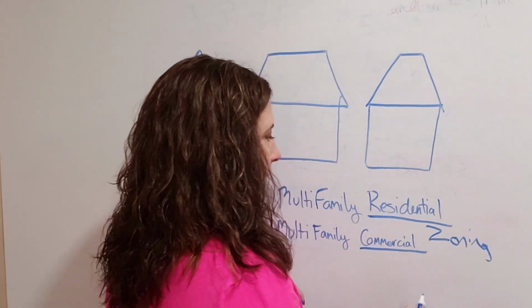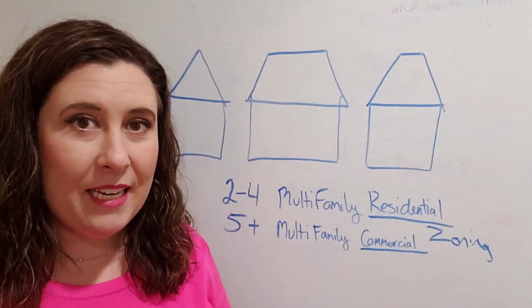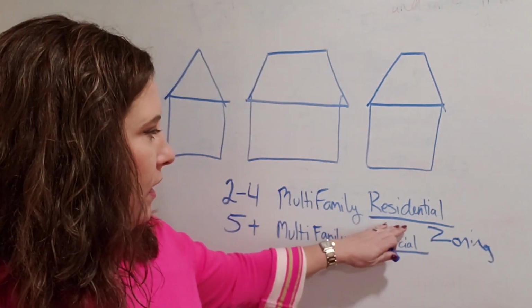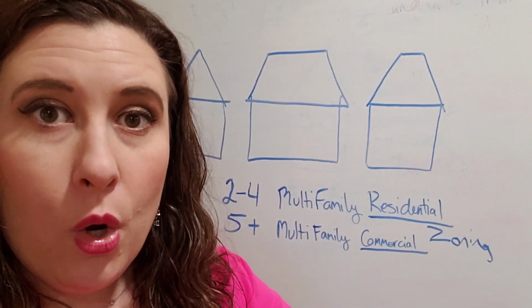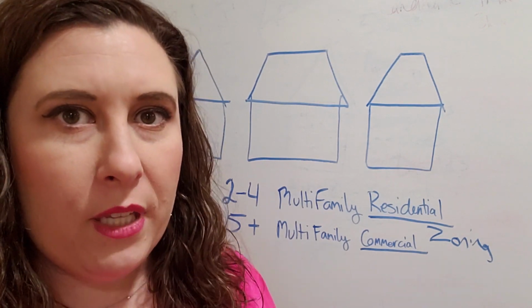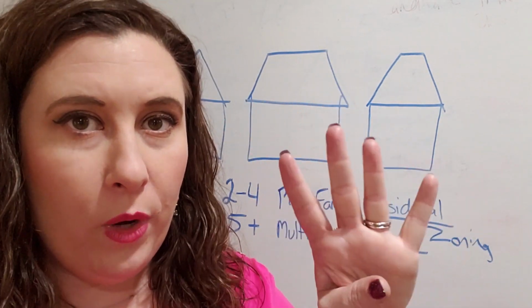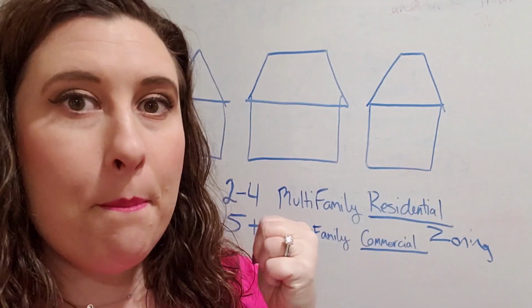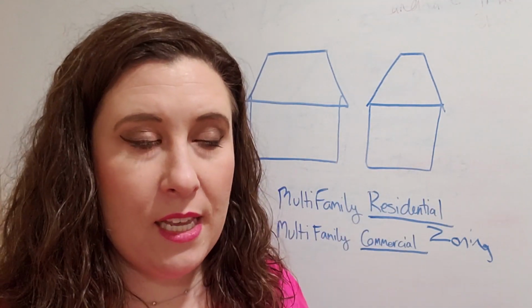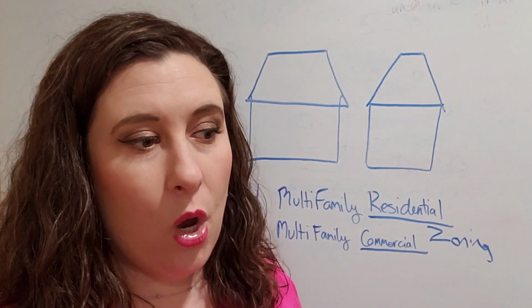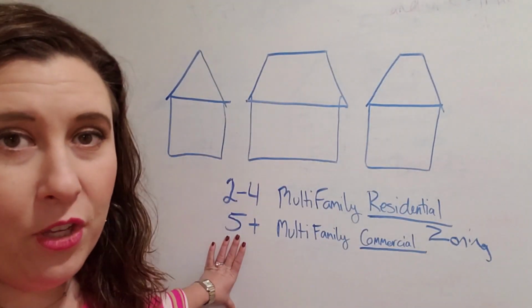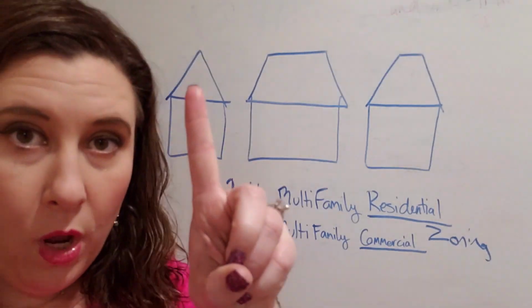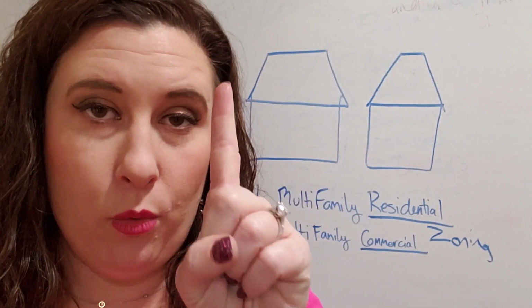The city or county has decided that this land is zoned either residential or commercial. If the city says this land is residential, you can probably only put up to 4 units on that land. But if the city or the county says this land is zoned commercial, then it could have 5 units or more.